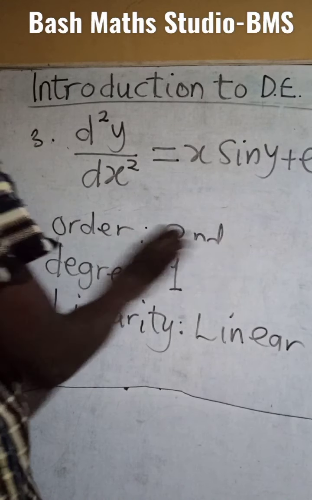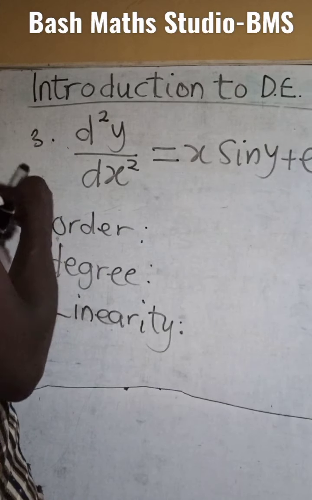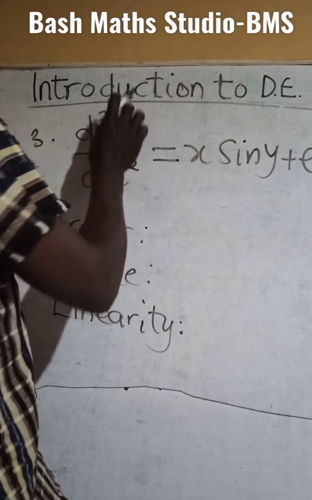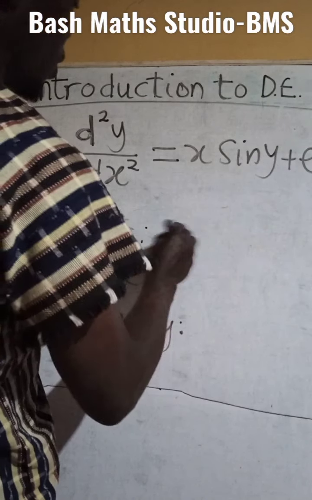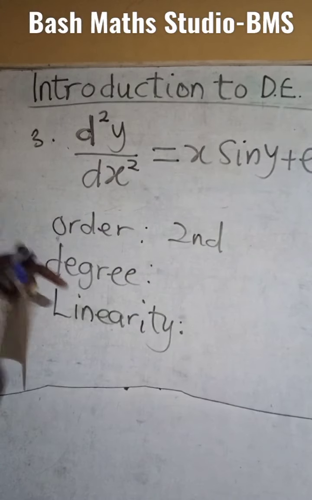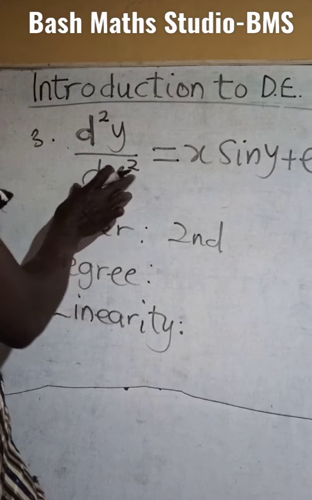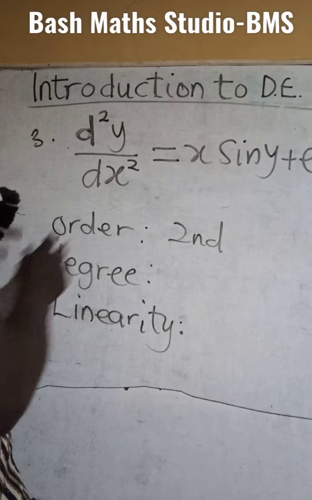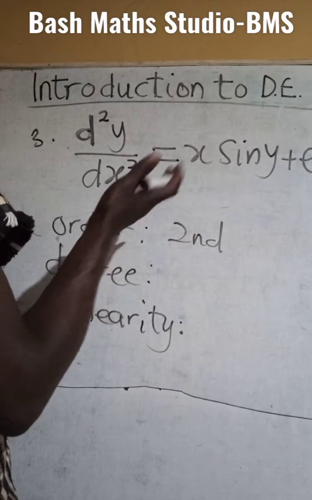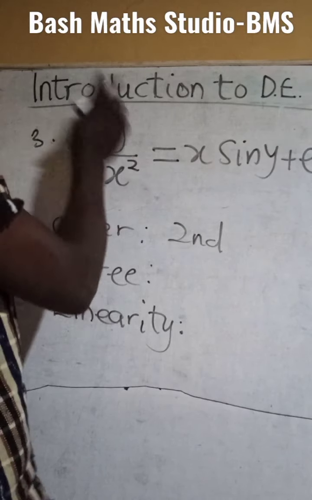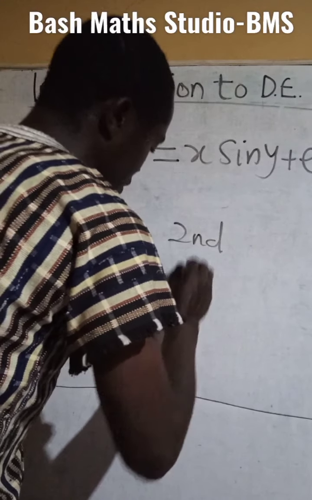This is a second order because it is differentiated twice. So second order. And then of degree, it's of degree 1. The exponent of the highest derivative, or the power or the degree of the highest derivative, is unity, and therefore we say that it's 1.